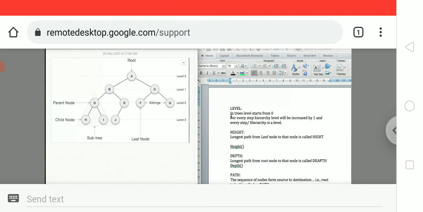So we have to check for the longest path, not the shortest path. If we check the depth of F, it is also 2. That means F to C, C to A. If I take H, H to D, D to B, B to A, that means the depth of H is 4.